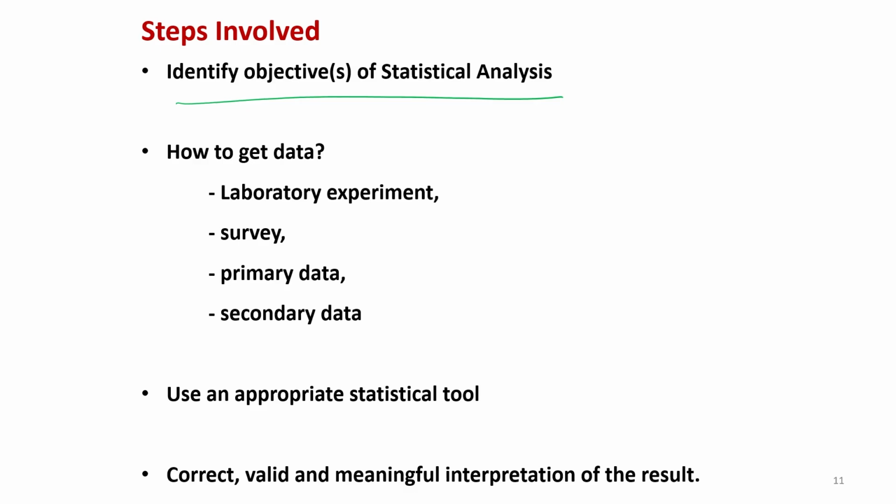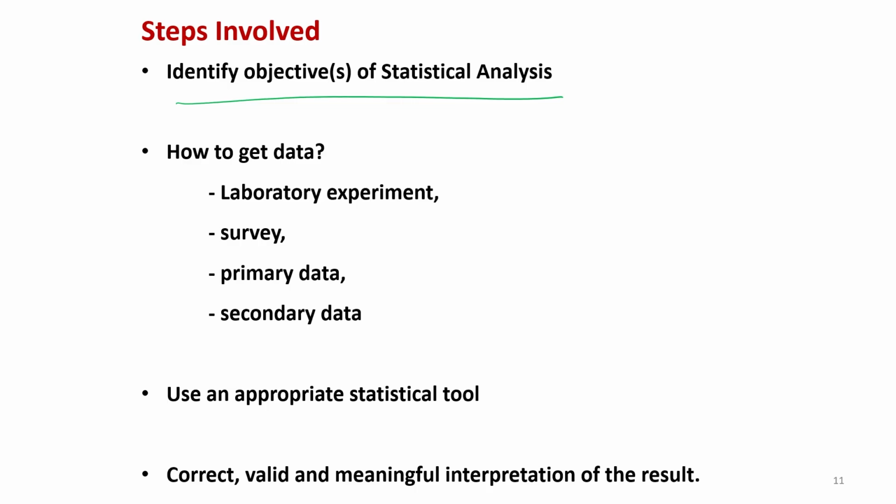But if somebody has got a fracture in the bone, then the doctor recommends an X-ray or say MRI. So the doctor knows what the objective is, that they want to know whether the bone has been fractured or not, and based on that they decide whether to go for an ECG or an X-ray. The story is similar in data analysis also: you have to identify your objectives.